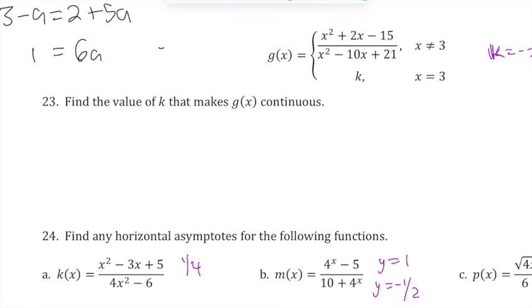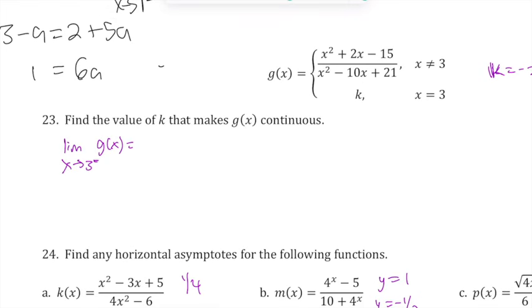Okay, next one, 23. Find the value of k that makes g of x continuous. So again, we're going to plug in the left and right hand limit of 3. Right, so we're actually going to do the left and right hand limit from here, and then set it equal to k. Okay, so let's factor the top and bottom.